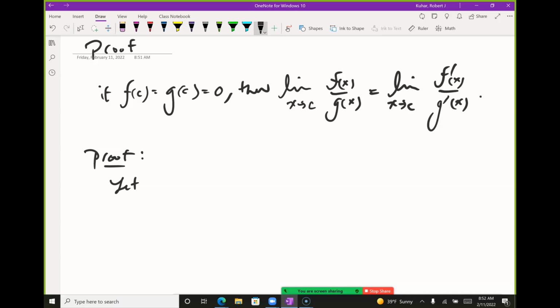I'm going to let f of c equal g of c equals 0, right? If I'm going to prove to you that I'm a millionaire, then I'm very generous. You got to give me $1 million before I can show you that I'm generous. So if I'm proving something, I've got a conditional statement. We got to assume the first part is true, right? If my name is Robert, then I'm a math teacher. You got to let my name be Robert.